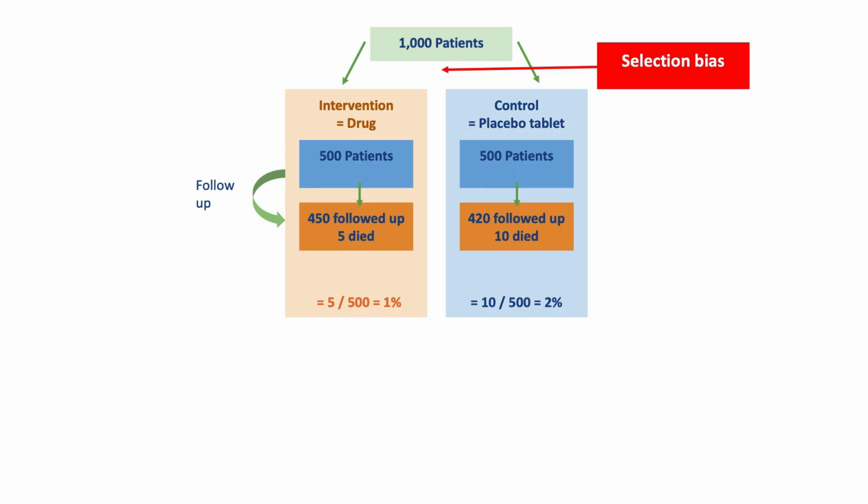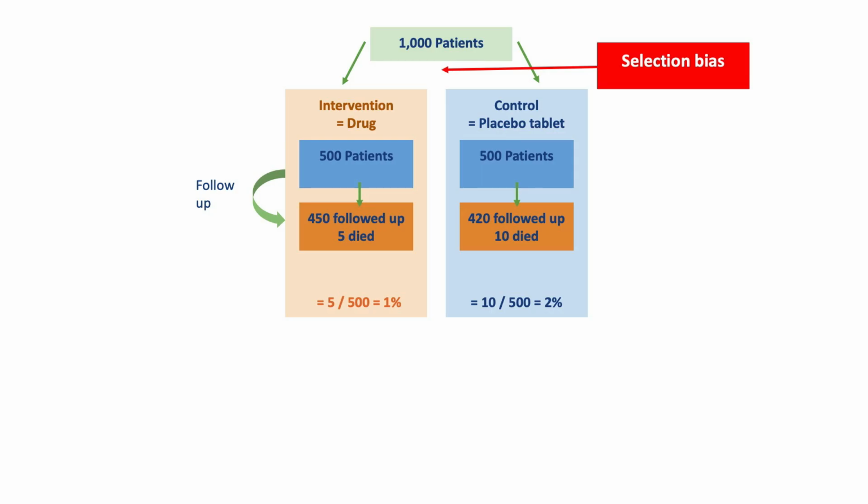And if there was an issue or a bias in how randomization was done, the characteristics in the two groups might be different. The ages might be different, or the gender might be different. And that could infer that confounding could have crept into the randomized trial, and that's a bias. That would be called selection bias.